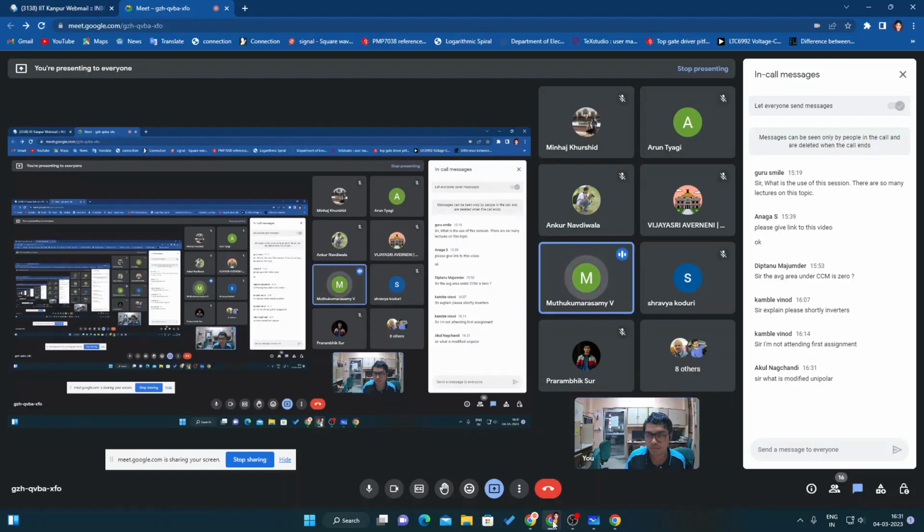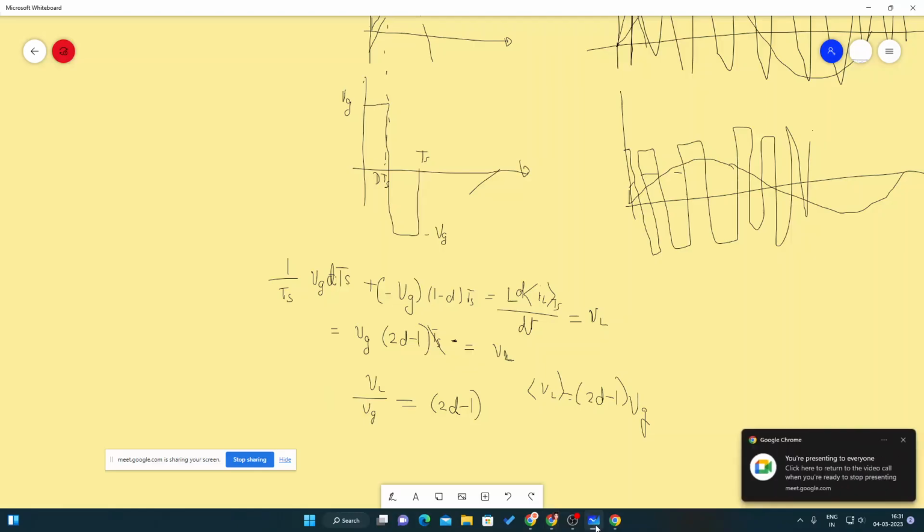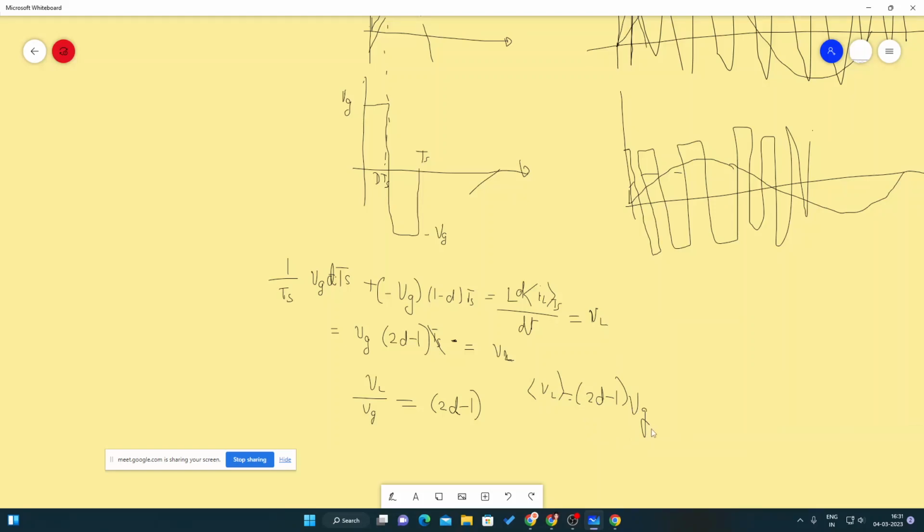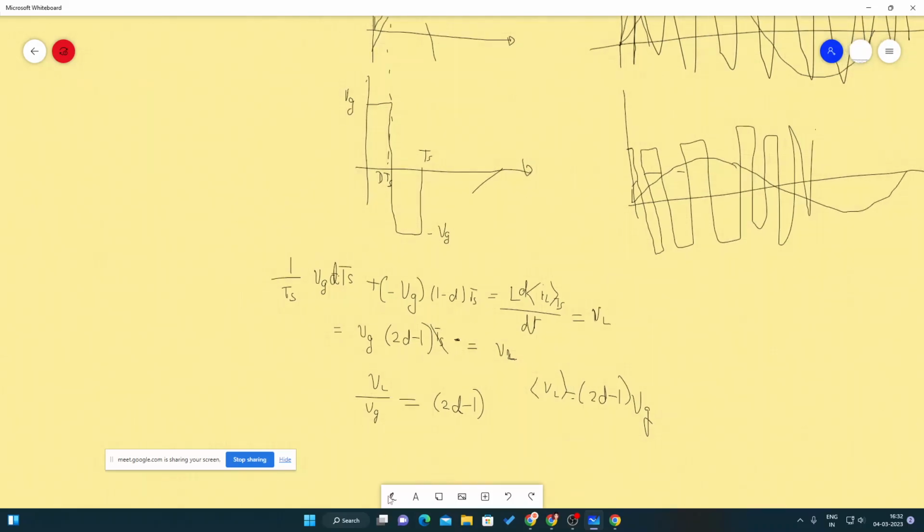Sir, I have one more question. We got the final equation, VDC into 2D minus 1. If we derive D from this equation, VL by VG plus 1 equals 2D.